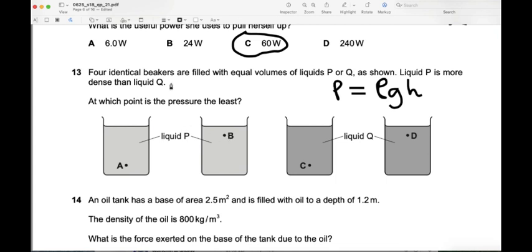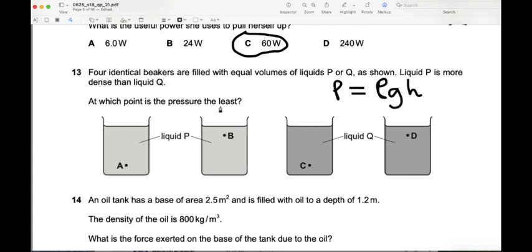Four identical beakers are filled with equal volumes of liquid P or Q as shown. Liquid P is more dense than liquid Q. At what point is the pressure least?